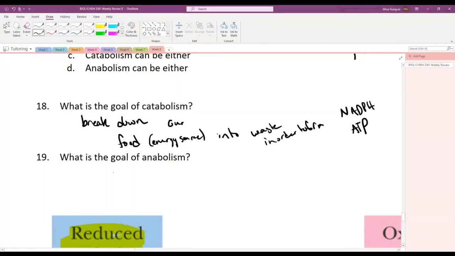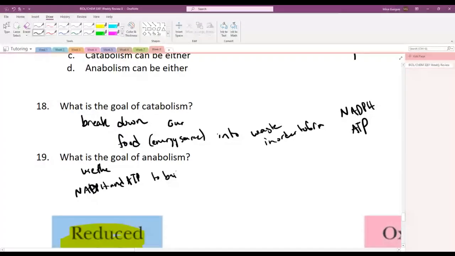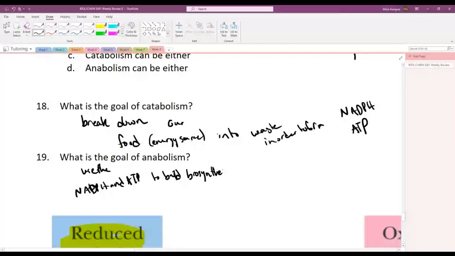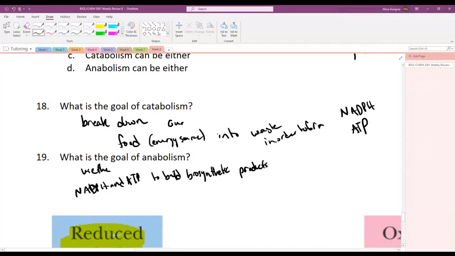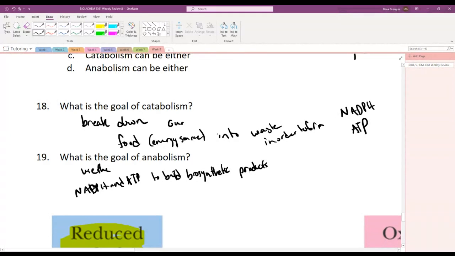Okay? Anabolism, on the other hand, is to use the NADPH and ATP to build biosynthetic products. So these biosynthetic products could include things like building our muscles, which is why, after you work out, you want to eat, because you're strengthening your muscles. They need to be built up by something like that. Okay.